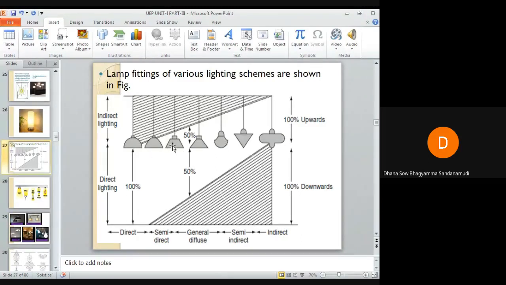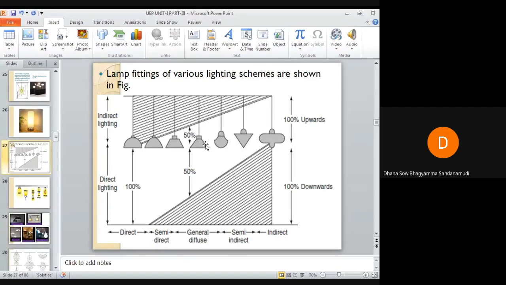If you see the third one, 60% of the light is traveling towards the surface, and the remaining 40% is traveling upward. So 40% is illuminated on the upper side only, and 60% is illuminated on the lower side. So that is semi-direct.